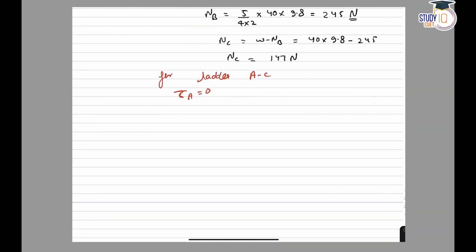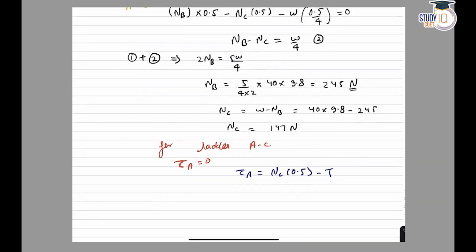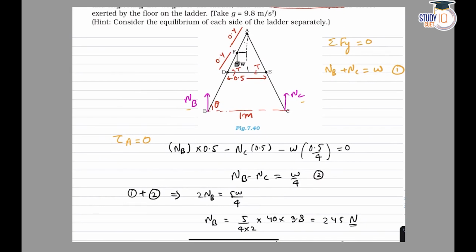So considering the ladder AC and taking the torque about A, we can write the torque about A as NC into the perpendicular distance of NC from A, which is 0.5, minus T into the perpendicular distance of this tension from point A. This angle is theta.